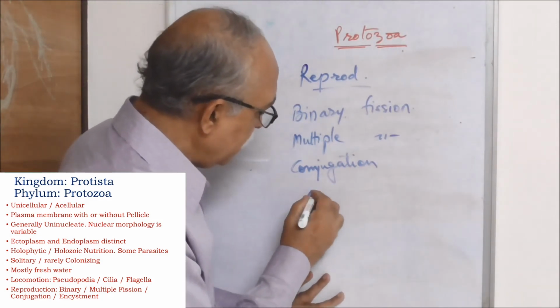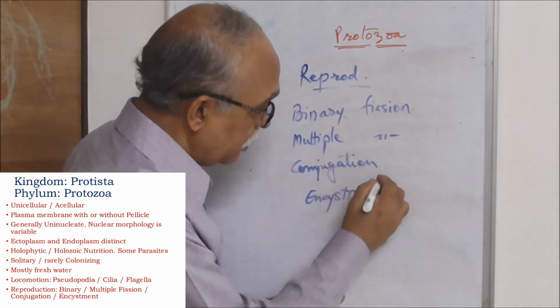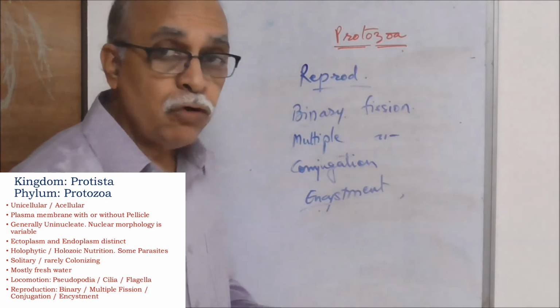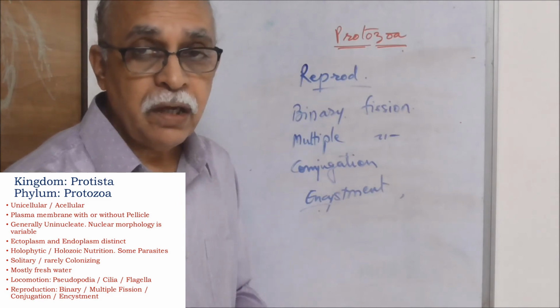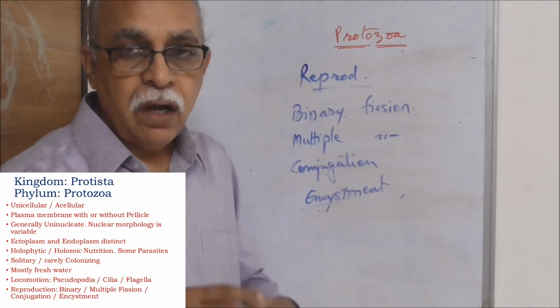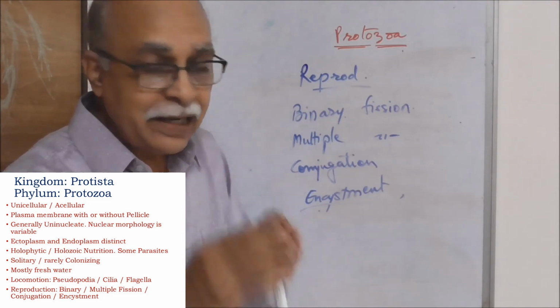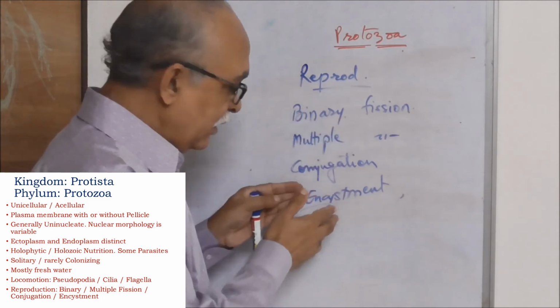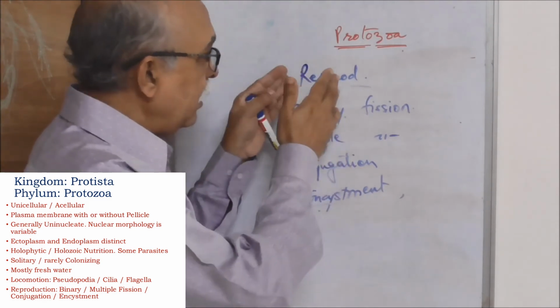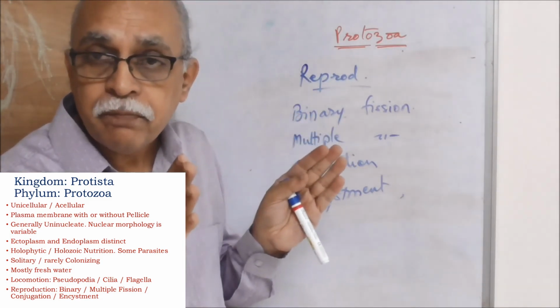And some of them even show a process called encystment. Now let me tell you, encystment would not be a mode of reproduction. Encystment would be a mode of protection of the cell. A highly protective covering develops around the organism, and inside that cyst, the organism will undergo either binary fission or multiple fission.